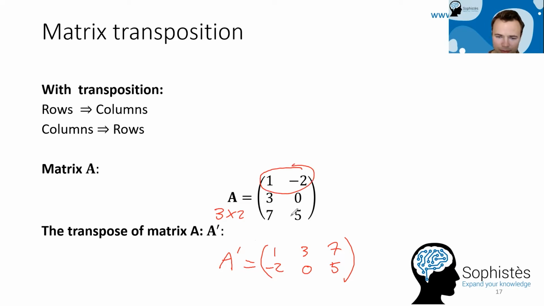So first row becomes first column, second row becomes second column, and third row becomes third column. And what happens with the order? First we had 3 rows and 2 columns, but now you will see that the order flips, right? So here you now get 2 times 3, 2 rows and 3 columns. That's what happens if you transpose it. So the order flips.